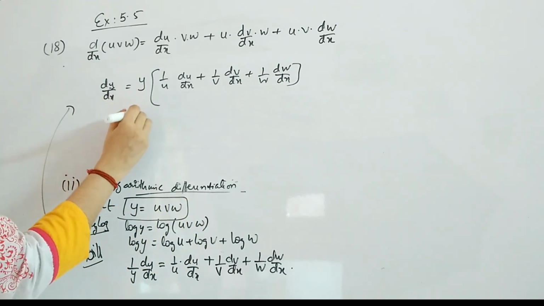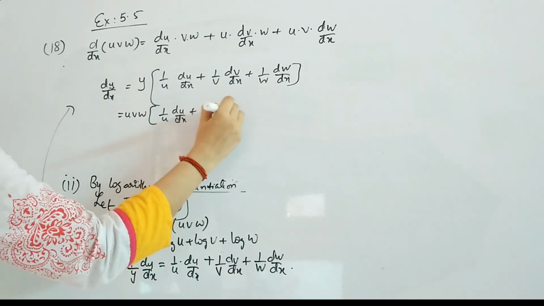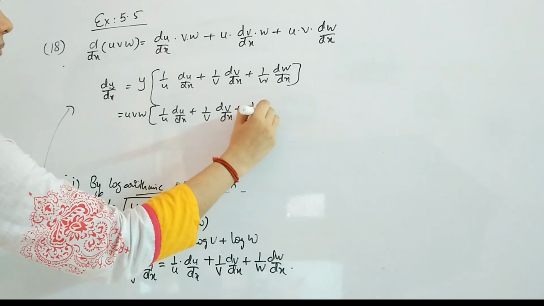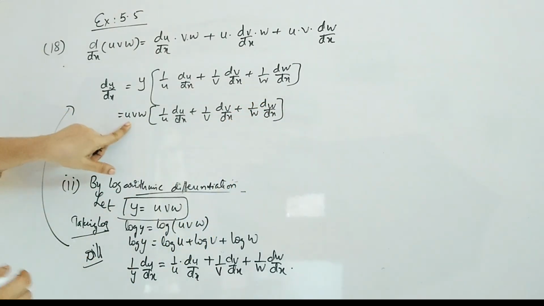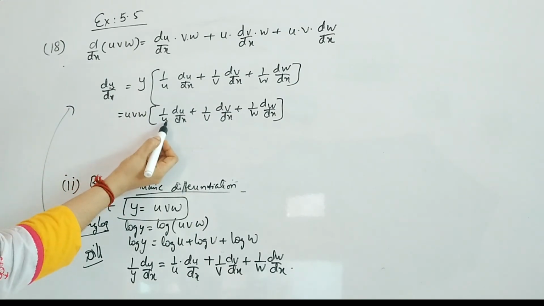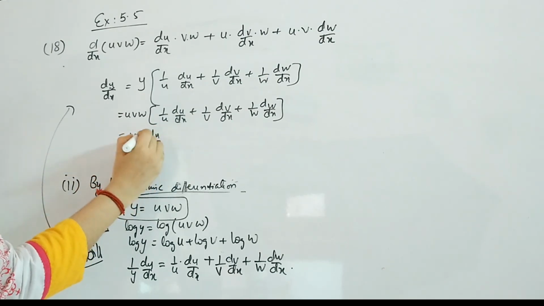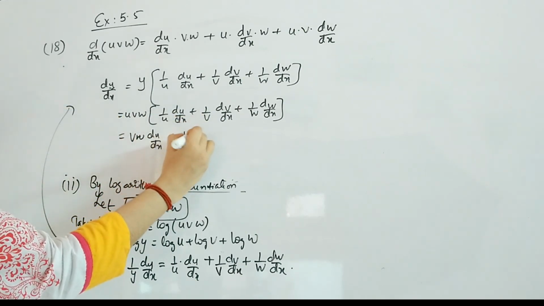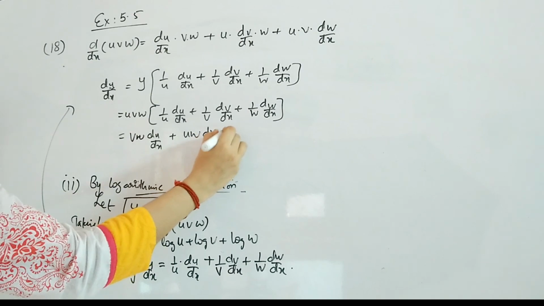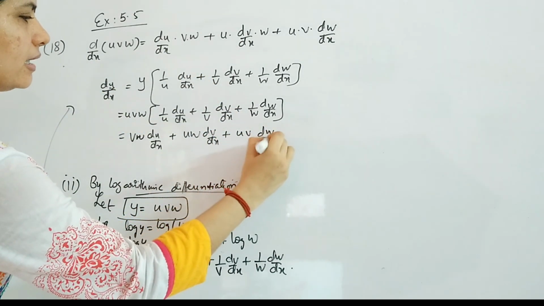So this will become uvw into 1 by u du by dx plus 1 by v dv by dx plus 1 by w dw by dx. Now when you multiply separately for each term, you will get uvw divided by u. So u will get cancelled, you will get vw into du by dx, right? Plus again, v will go and you will get uw into dv by dx. And in the third term, w will go and you will get uv into dw by dx.